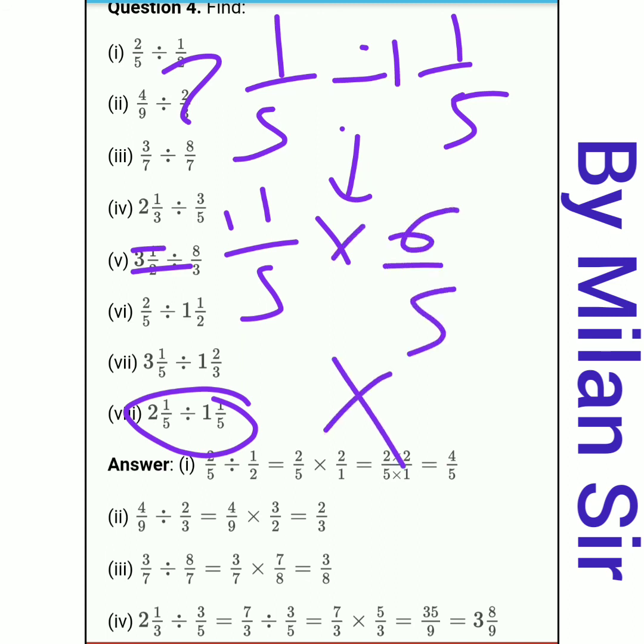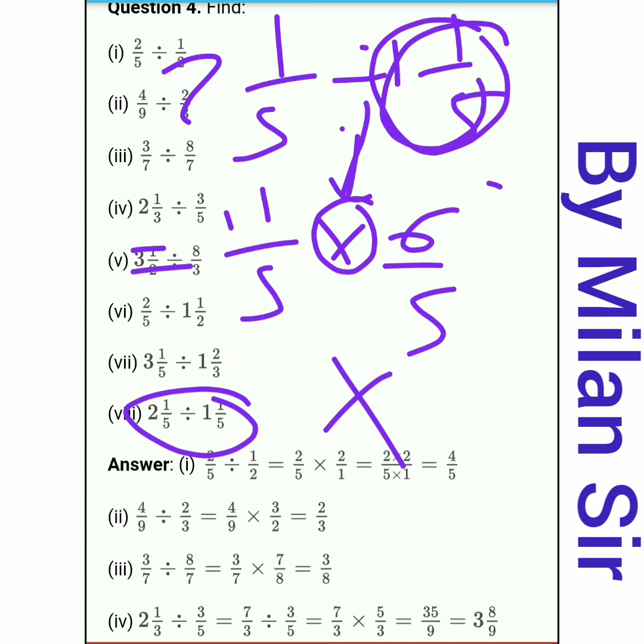This is wrong. When you convert a division into multiplication, you need to take the reciprocal, right? And for finding the reciprocal, you need a proper or improper fraction. So first we need to convert this mixed fraction into an improper fraction. After that we can take the reciprocal, and in that step only we can convert division into multiplication.